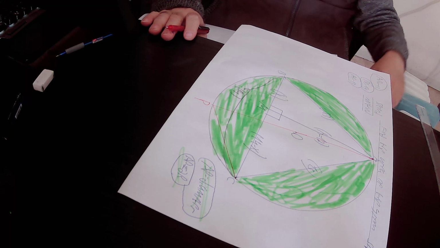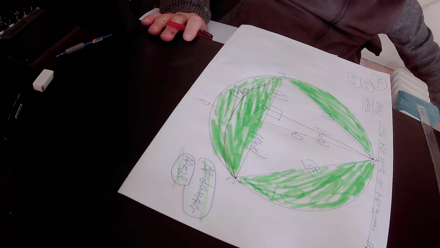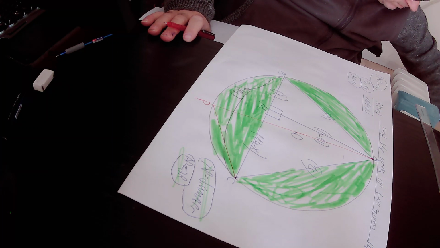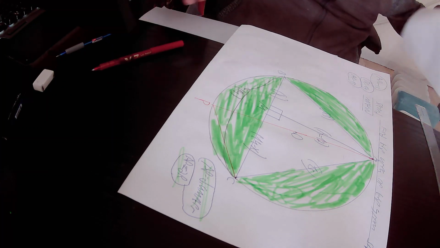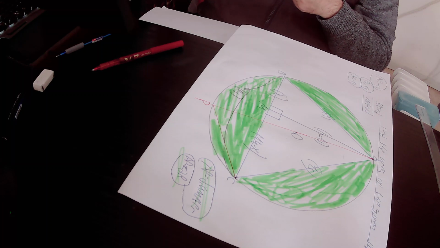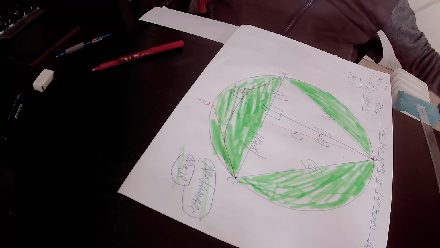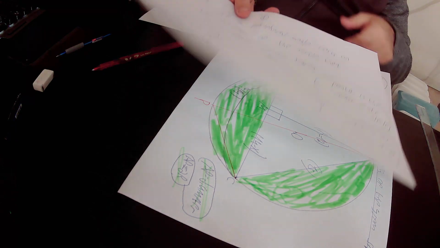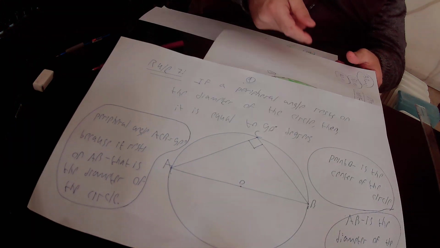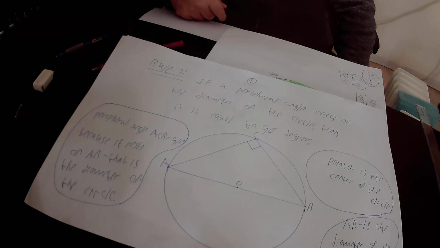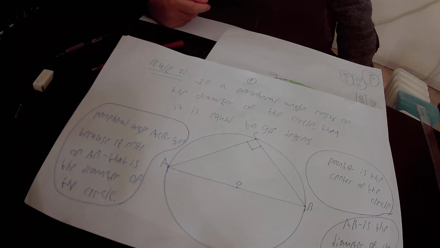And we have rule number 7. According to rule number 7, if a peripheral angle rests on the diameter of the circle, it is equal to 90 degrees.